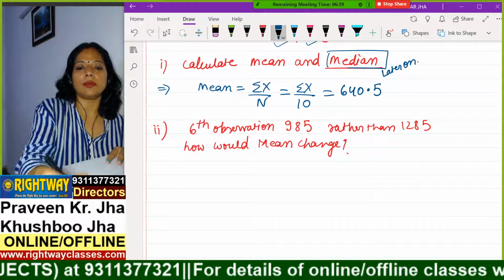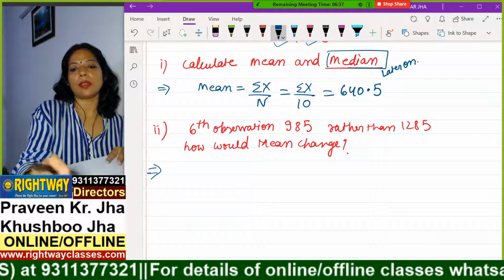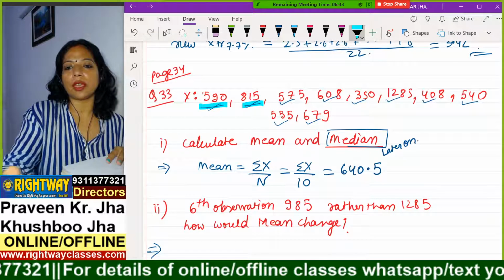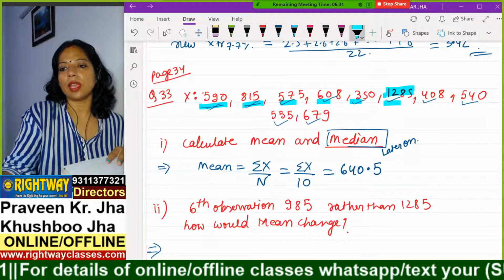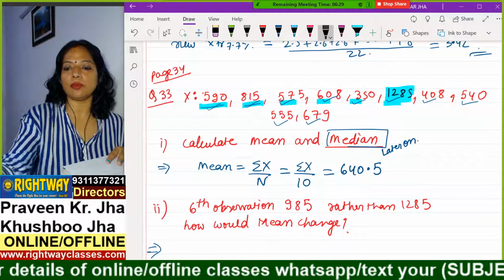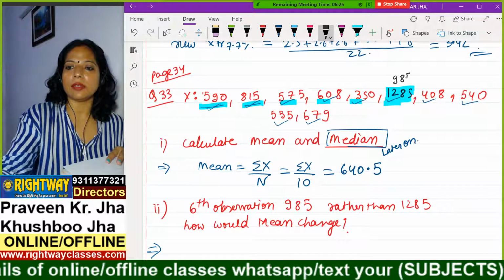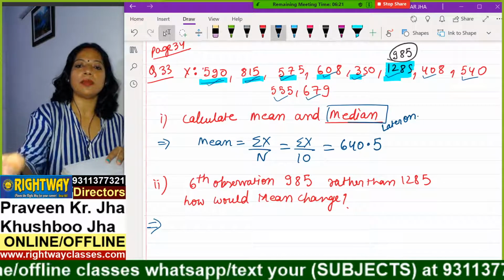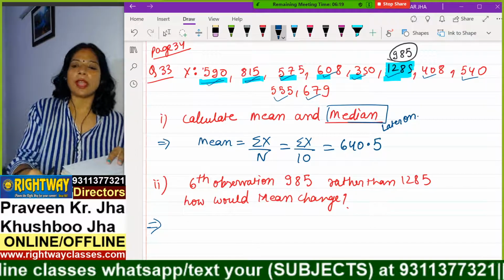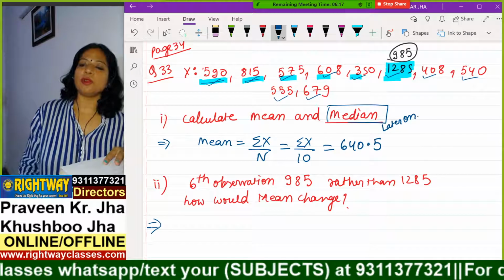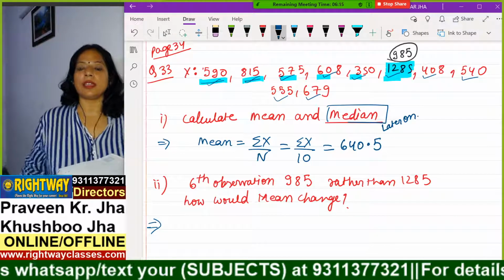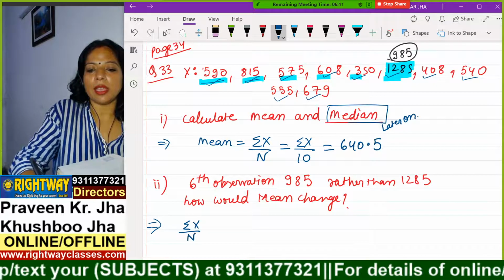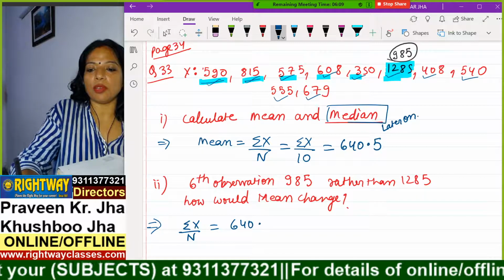So see here. That means they want to replace the first, second, third, fourth, fifth, sixth. They want to replace it with what? 985. So we will find out the new mean. So just adding all the values, removing 1285 and adding 985. So see here. Summation x by n was 640.5.